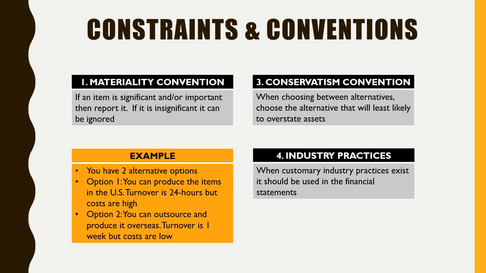Where your option 2 is, let's say I decide to ship it overseas and have the product created overseas. The turnover time is going to be a week later before it gets here, but the cost is significantly low. Now, in this case, that's going to be something that you have to discuss.